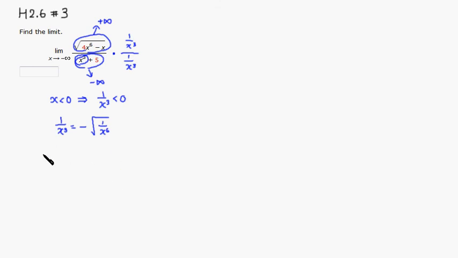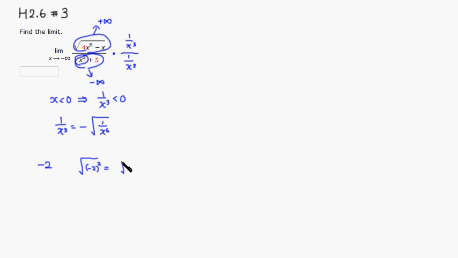If you have a hard time understanding that, think of it this way. Let's say you have negative 2, and we want to use a square root, so you have the square root of negative 2, squared.